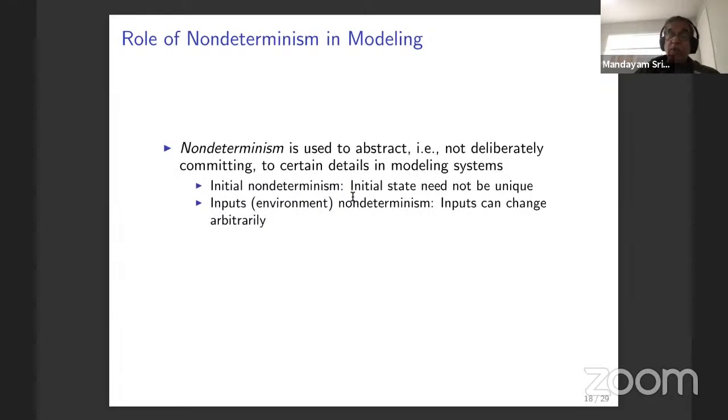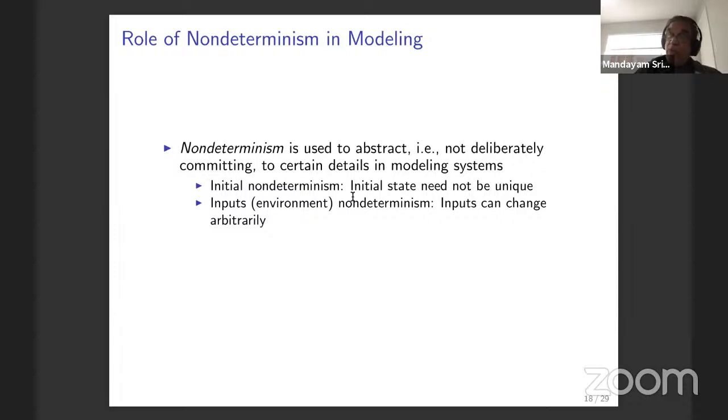And we also use it to model the environment. For example, if we don't want to specify how the environment has to change, since the environment can change arbitrarily, we can make it non-deterministic.